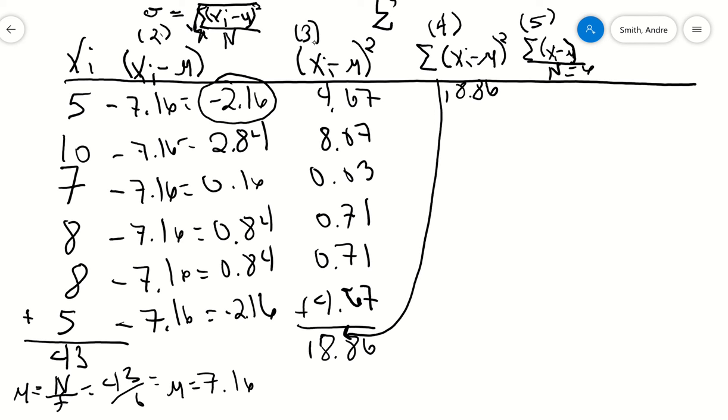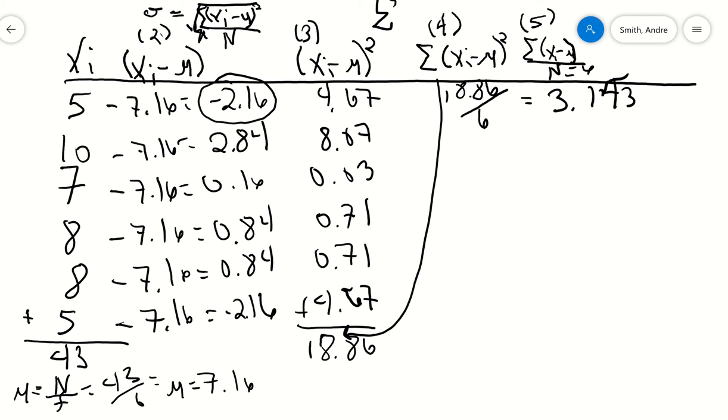That means that we divide this by 6, and that'll give us 3.143, right?